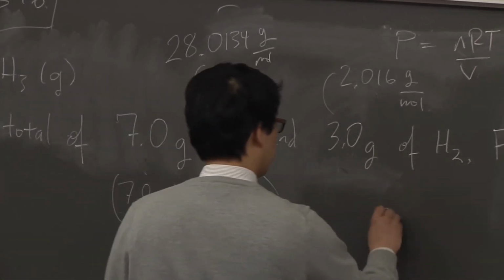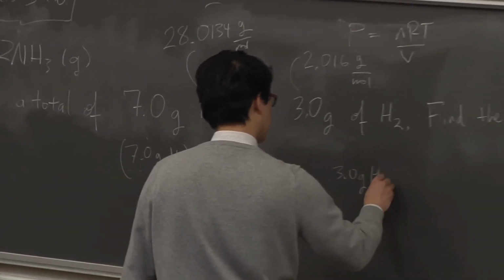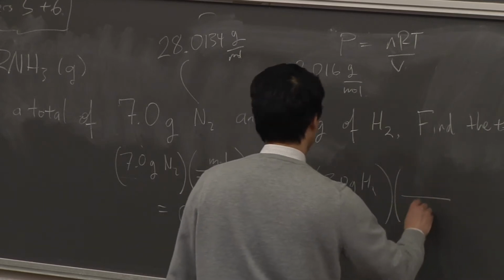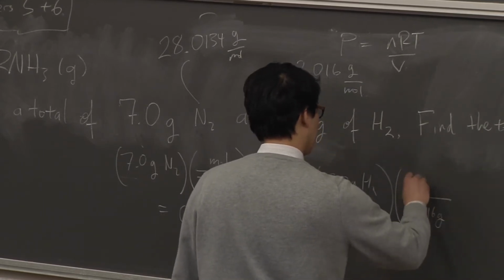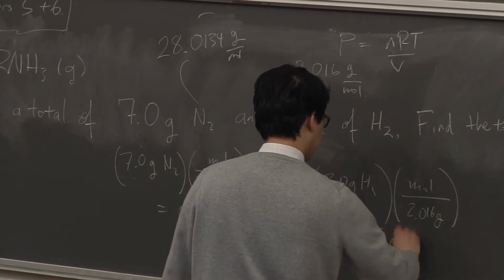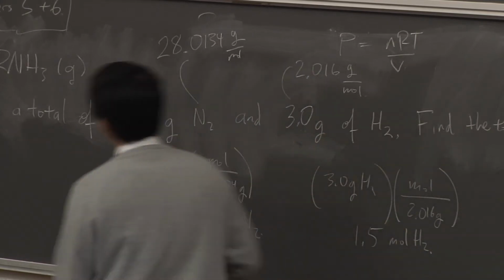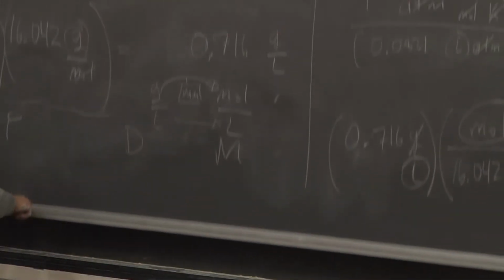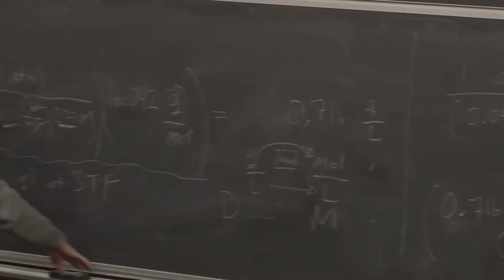And when I do 3.0 grams of H2 over 2.016 grams per mole, I get 1.5 moles of H2.